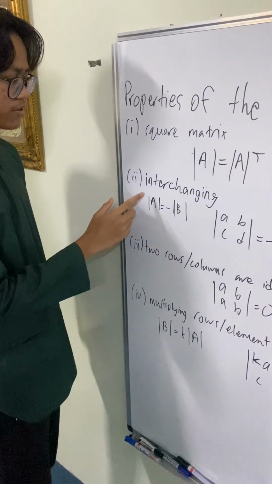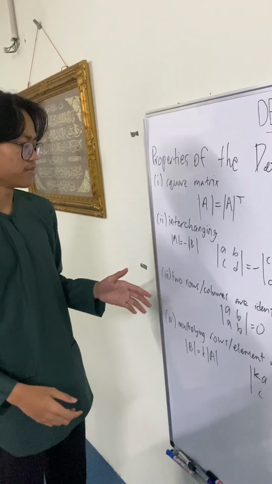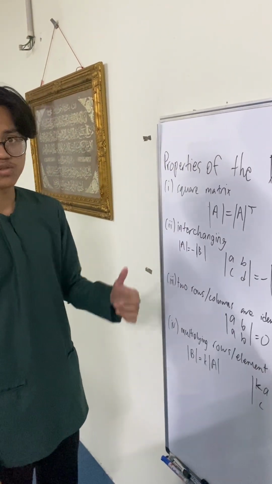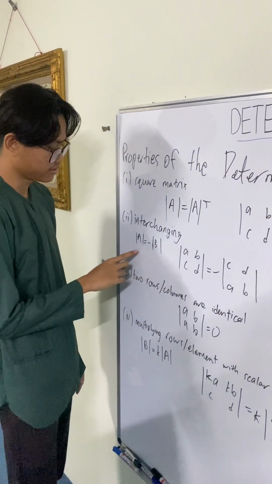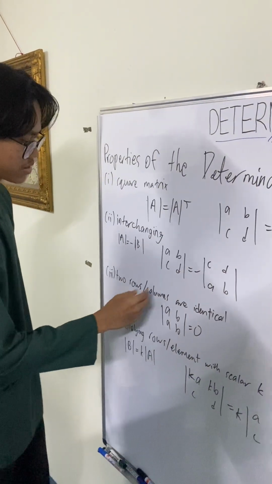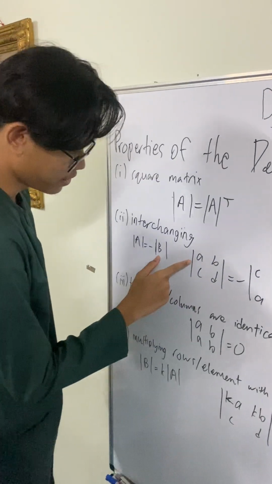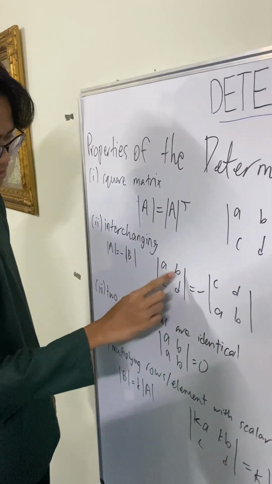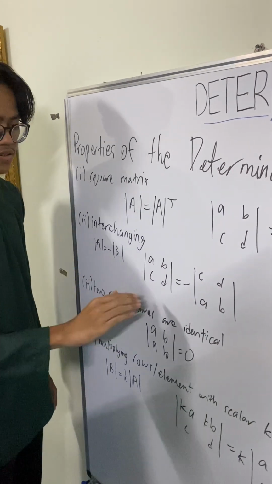So we can still get the same value anyway. Okay, second, interchanging. This is interchanging between rows or columns. Now for example, A equals negative B. So here's this example. You can see A B on the first row and C D on the second row.